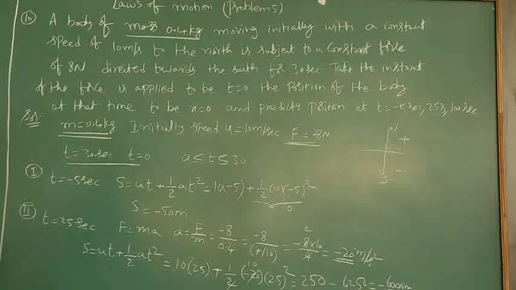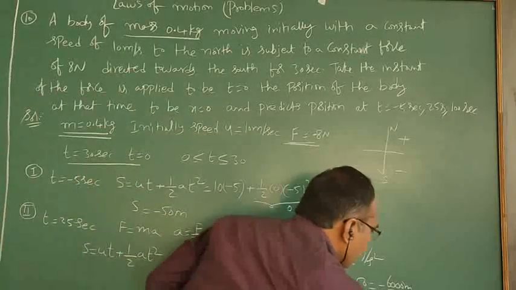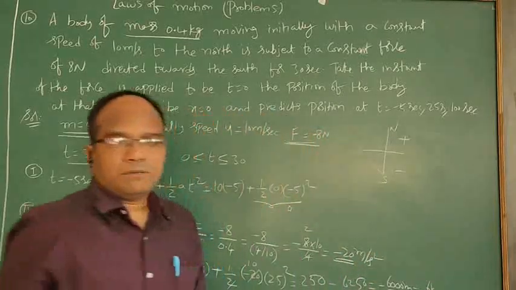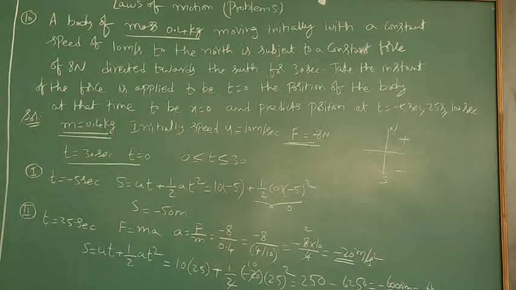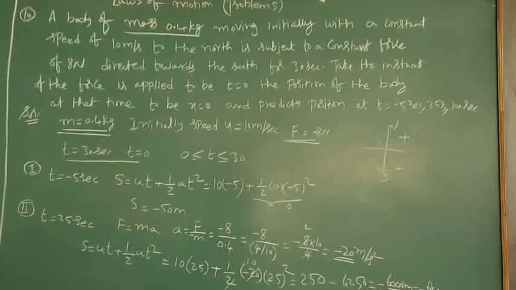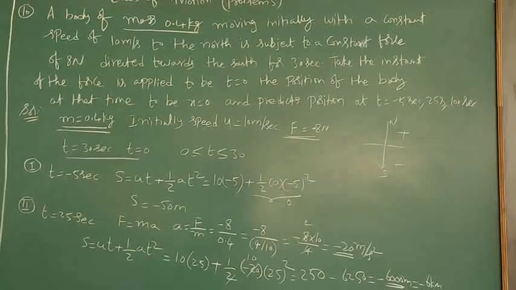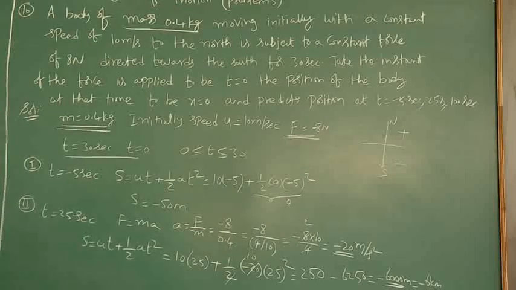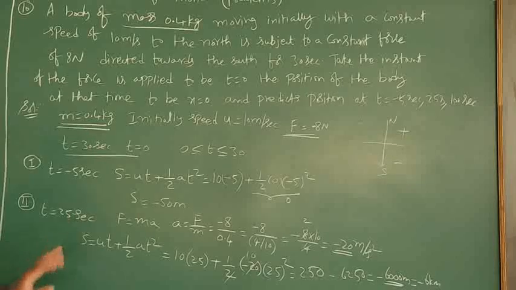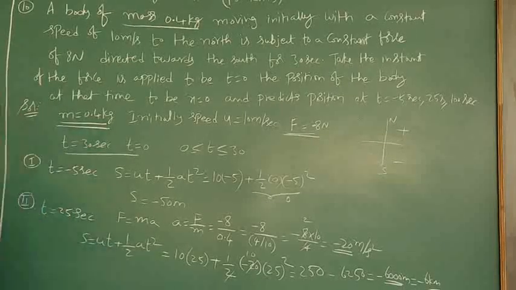In other words, we can write minus 6 kilometers. So this is for t is equal to 25 seconds.